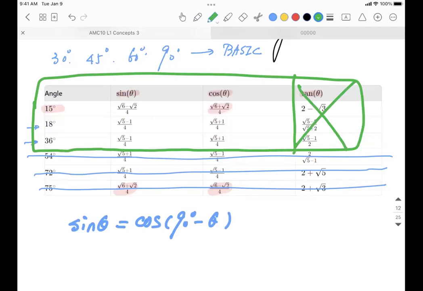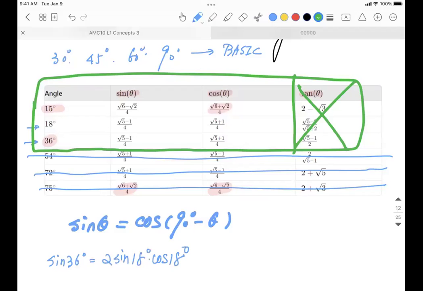And one more thing, this is more for our regular students. I think you can remember where this comes from. For 36 degrees and 18 degrees, you can use the double angle formula. Right? Sine 36 degrees equals 2 sine 18 degrees cosine 18 degrees.